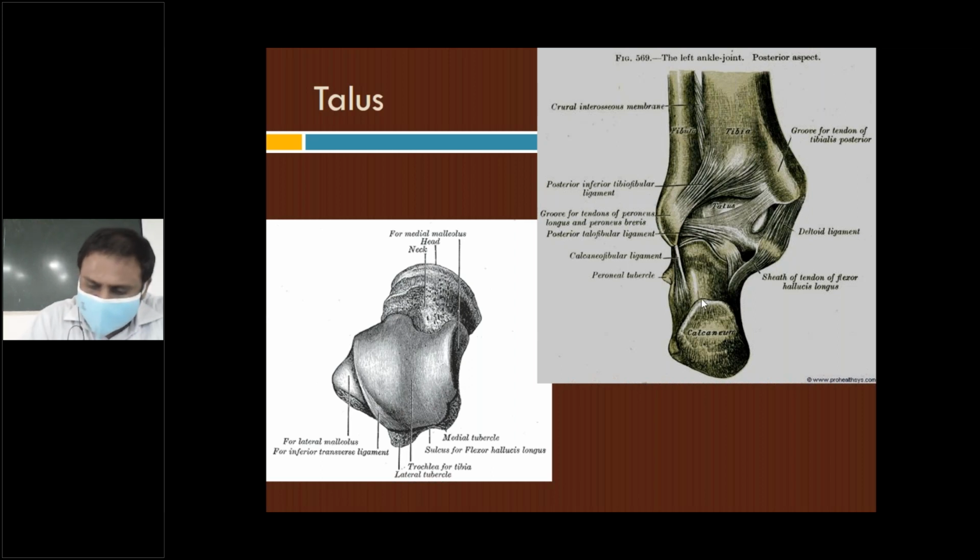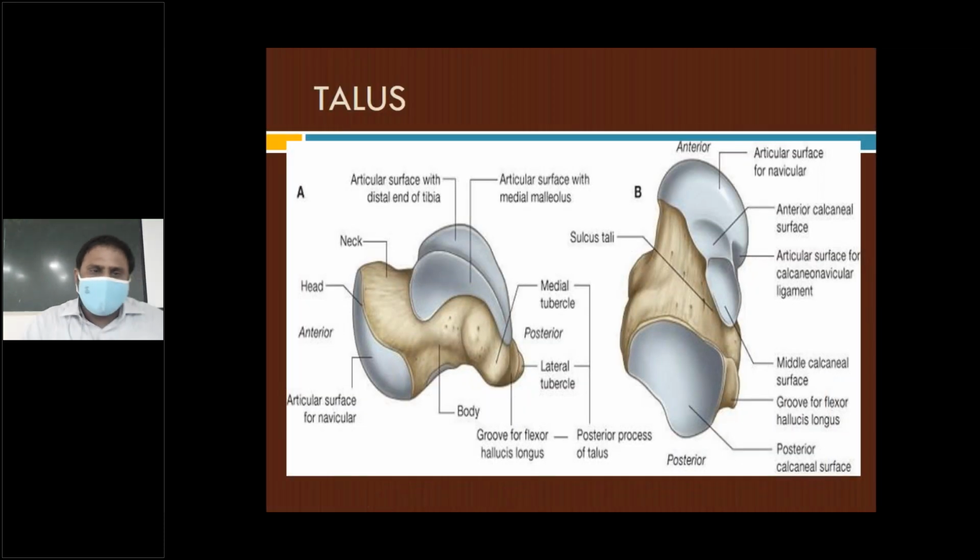See the two articular facets at the distal end, the surface of the medial malleolus. The head articulates with the navicular. Then the neck and the body.